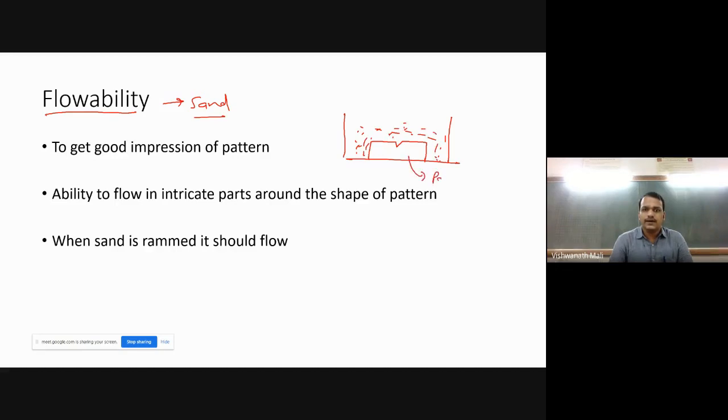This is our pattern, this is our molding sand. After pouring, we go for ramming.